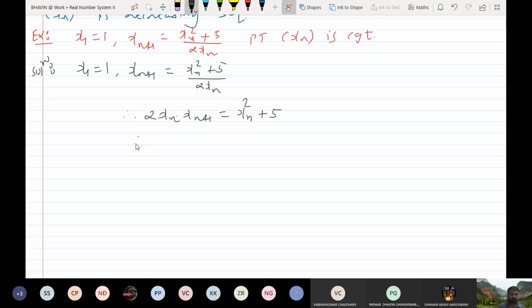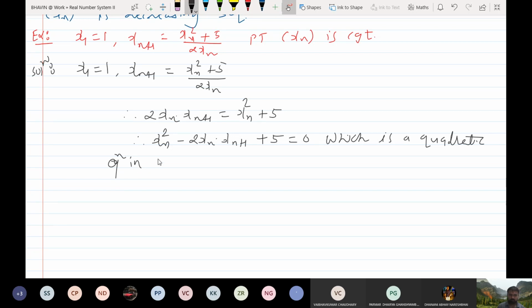Now bring this on the right side, which is a quadratic equation in xn.